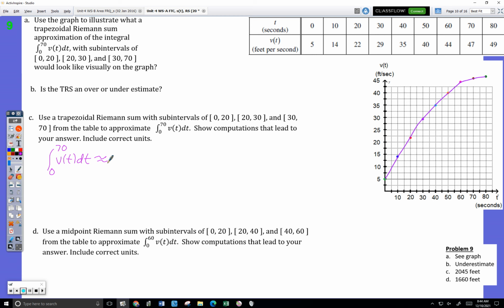Point for voting. Anybody else? Awesome. That's another reason why Spencer correctly noted that the trapezoidal is going to almost always be a better estimate, using more velocities. So what you do is you go to the first subinterval and you write down both velocities. So we have 5, and we also have 22.